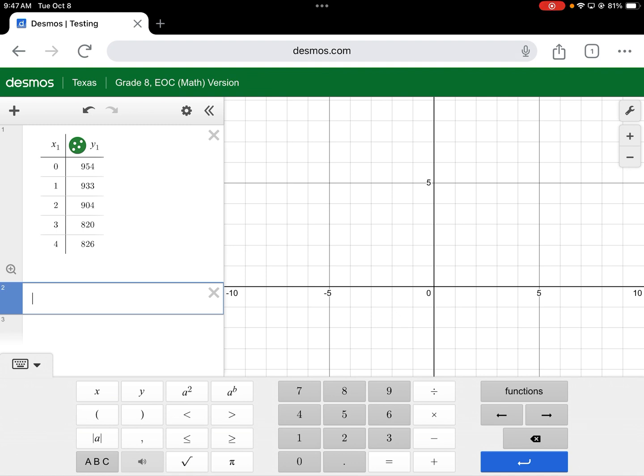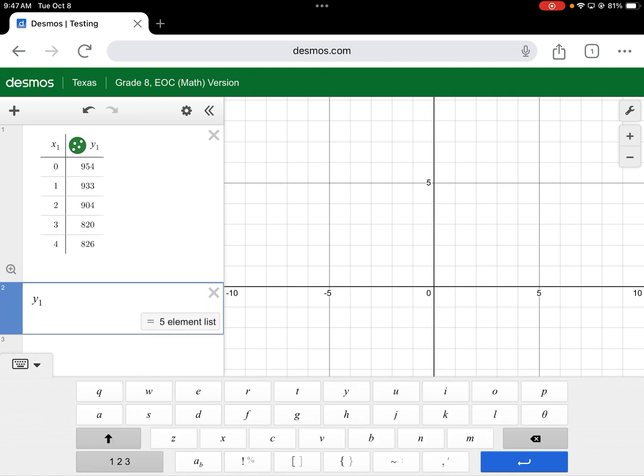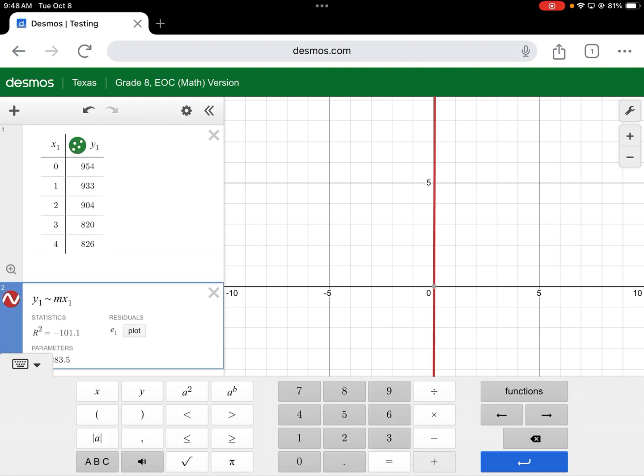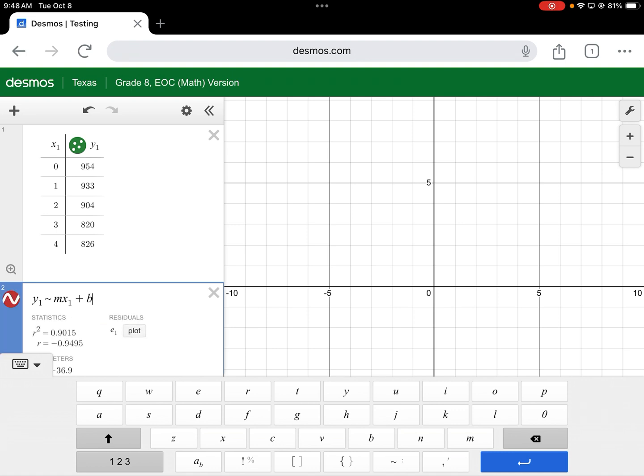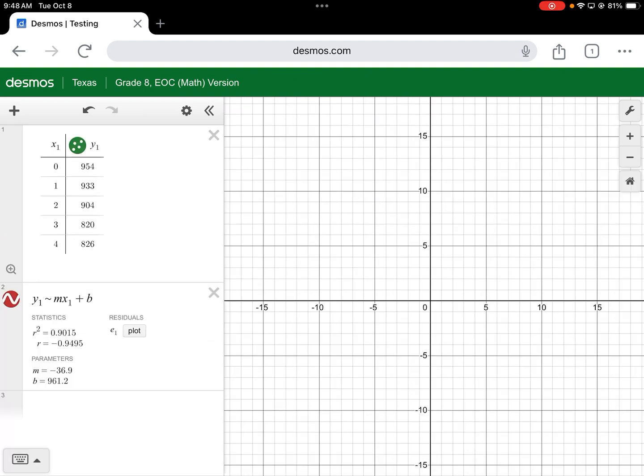Okay, so let's do Y1 squiggly MX1 plus B. So it's just Y equals MX plus B. The only thing that we're adding is the ones with the X and the Y and the squiggly instead of equals because we want it to be approximately.